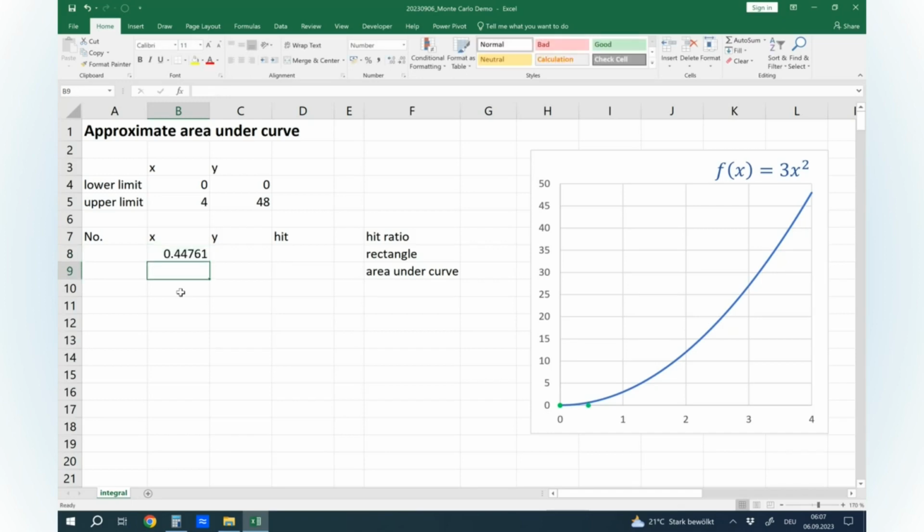Rand generates values uniformly distributed between 0 and 1. It updates every time I press F9. To obtain values between 0 and 4, I can multiply the function by the upper limit. The same logic applies to y, which I need to range from 0 to 48.